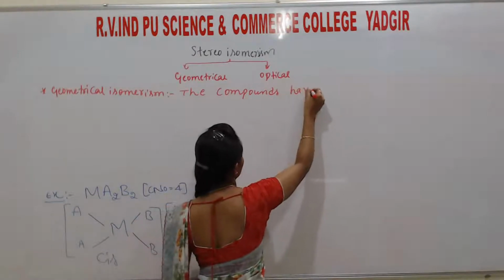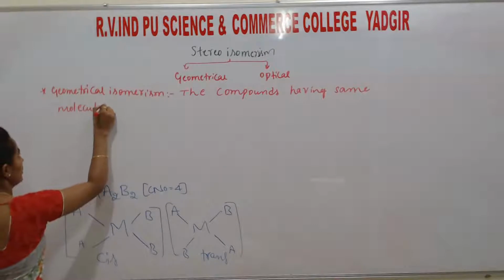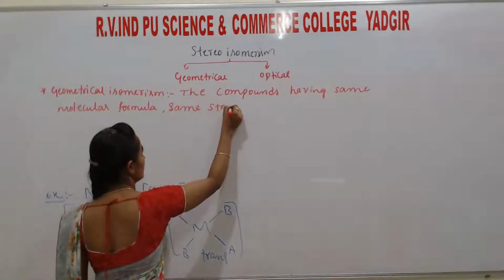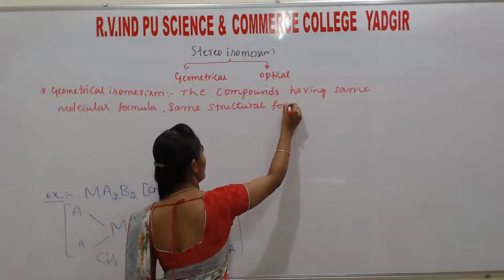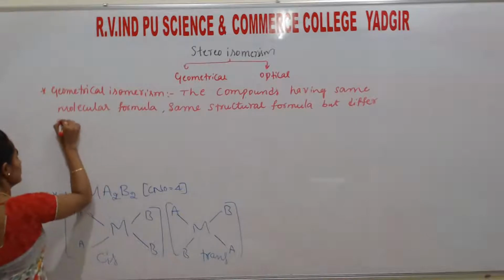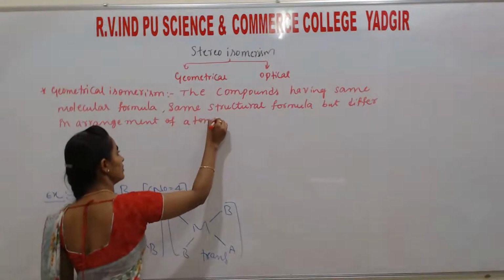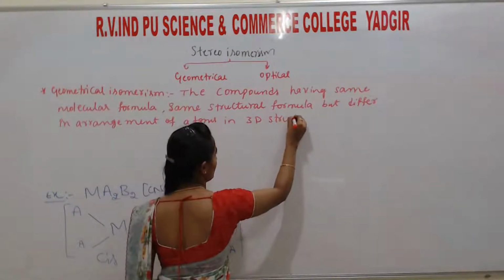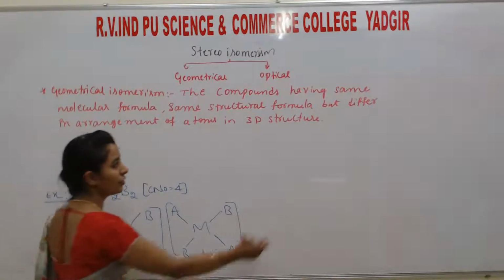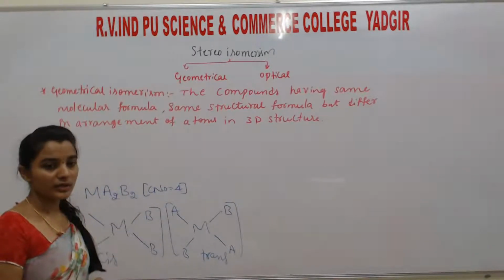The compounds having the same molecular formula, same structural formula, but differing in arrangement of atoms in three-dimensional structure are called geometrical isomers, and the phenomenon is called geometrical isomerism. You add this word here.